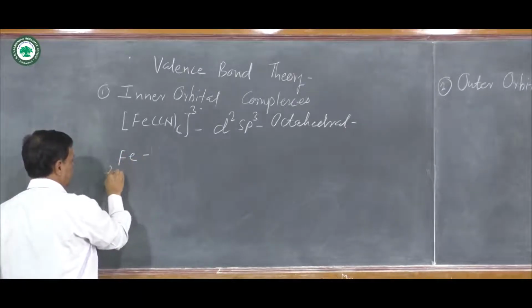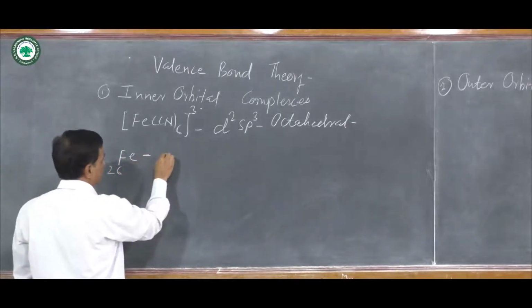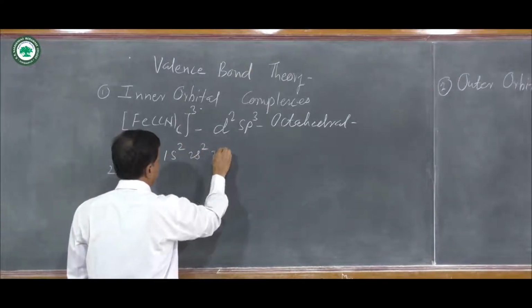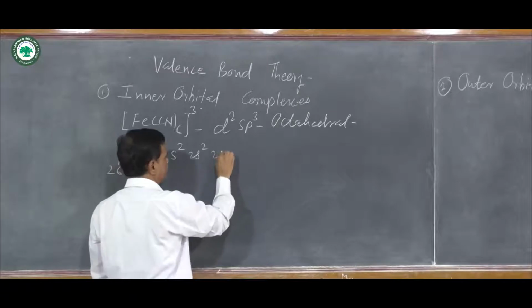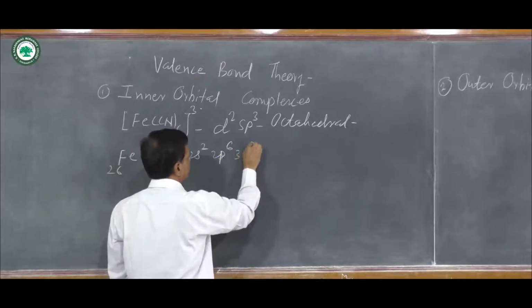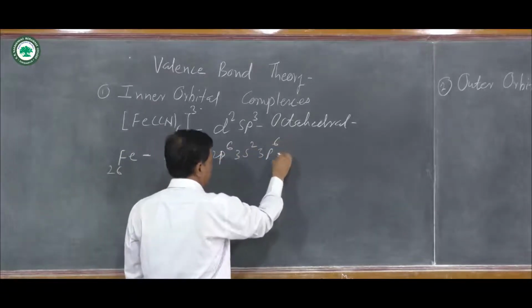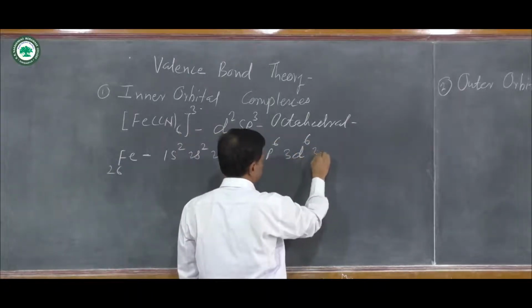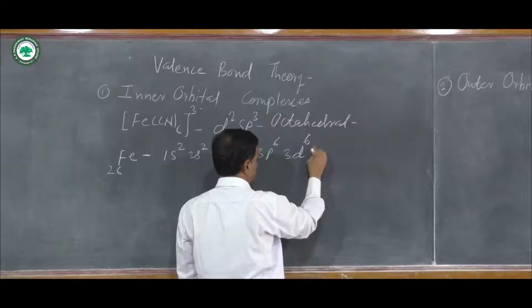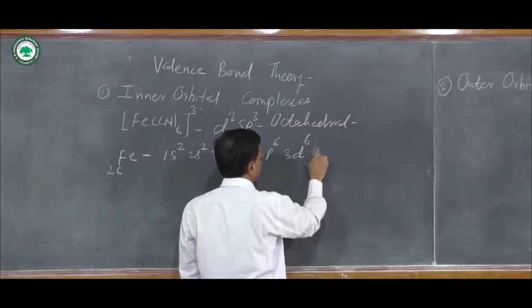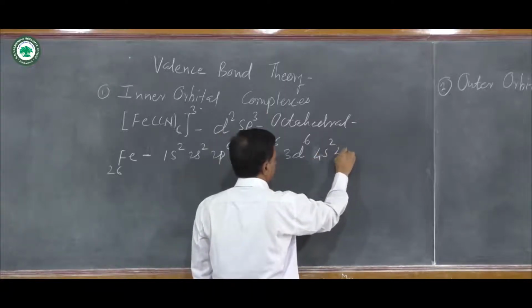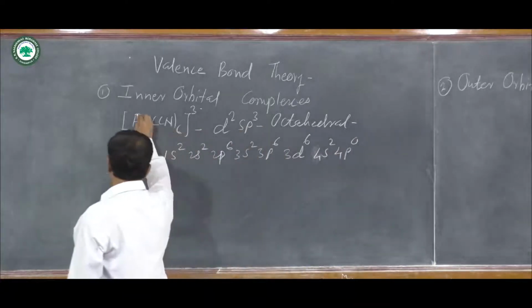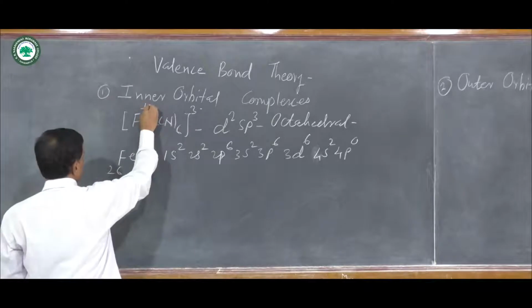and iron has atomic number 26 and ground state electronic configuration 1s2, 2s2, 2p6, 3s2, 3p6, then 3d6, 4s2 and 4p0. The charge on Fe is 3+.